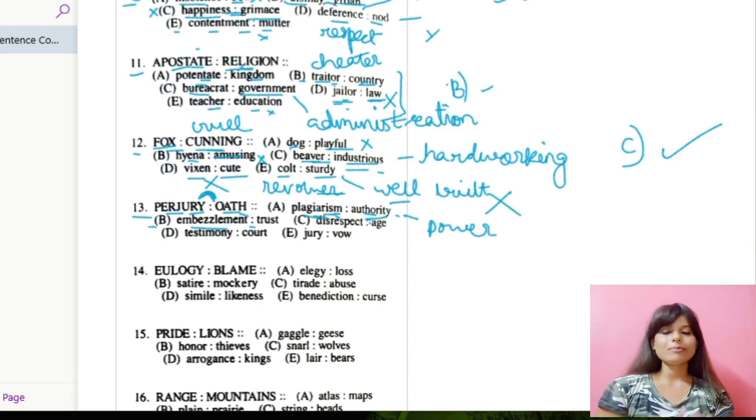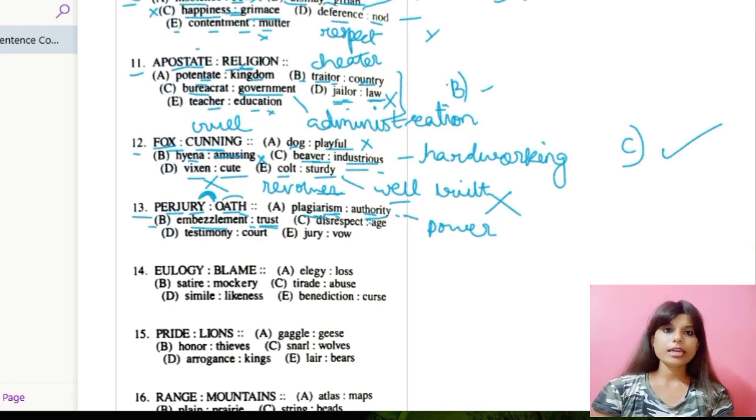So that person is basically taking away some part of the money in a wrong way. And trust, you all know that trust is like faith you have on someone. So embezzlement means kind of cheating you are doing with the money that you have been entrusted with. And trust means obviously your trust, just like oath.